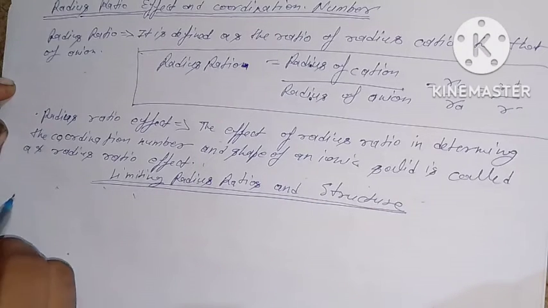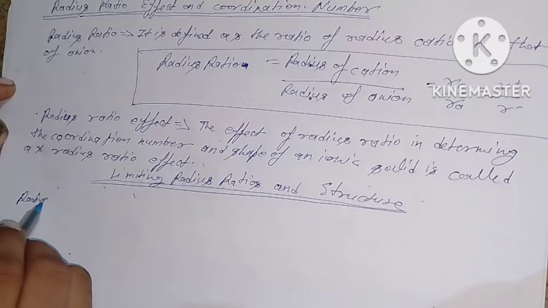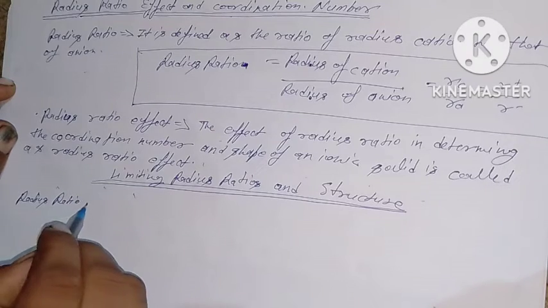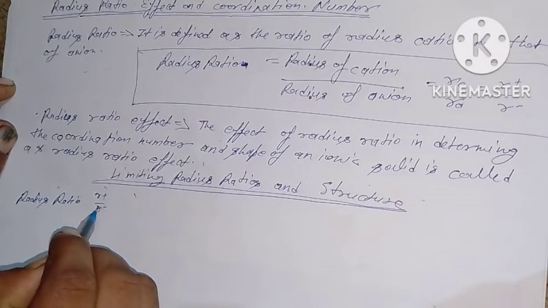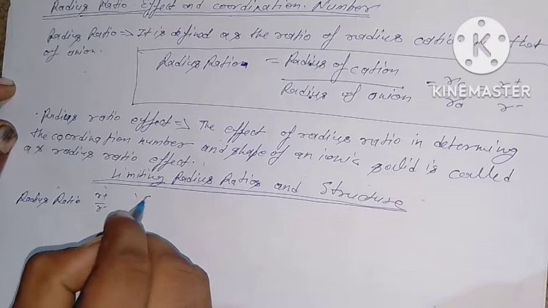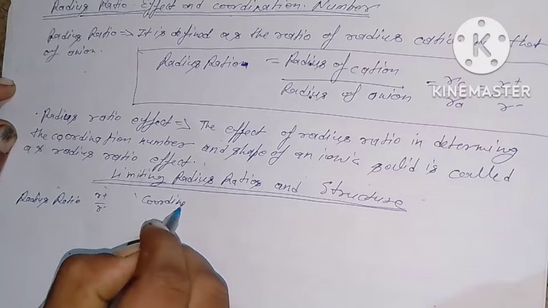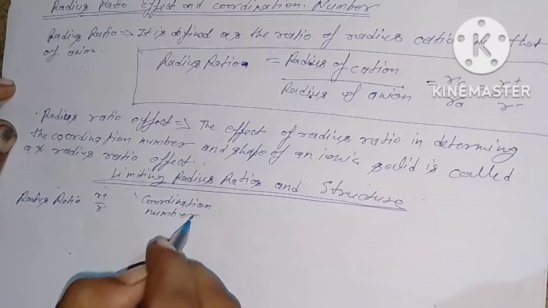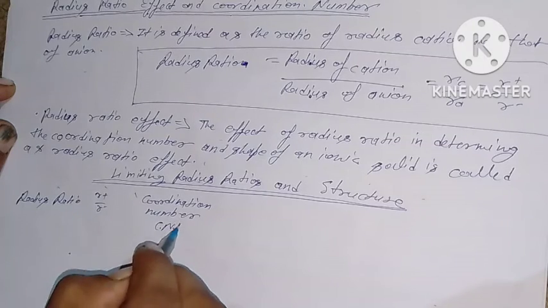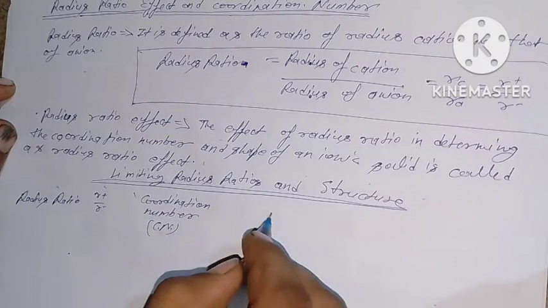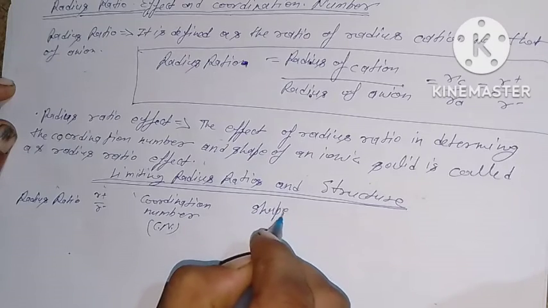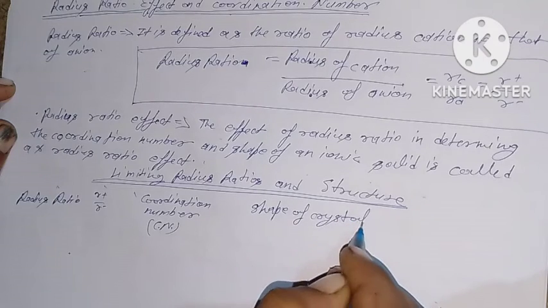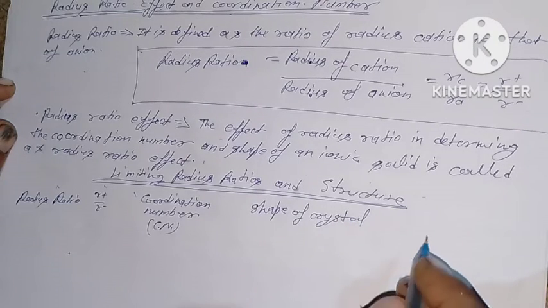Radius ratio, R positive ion upon R negative ion. Coordination number, Cn. Shape of crystal. And example.